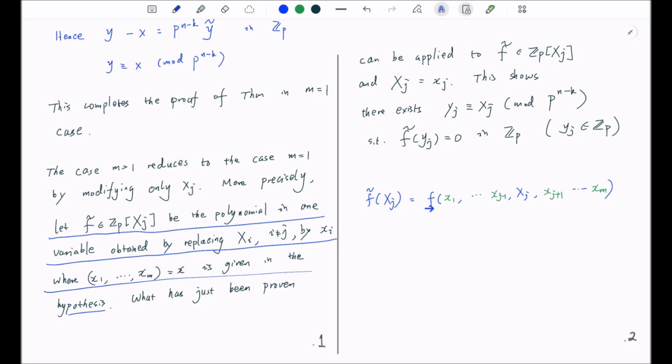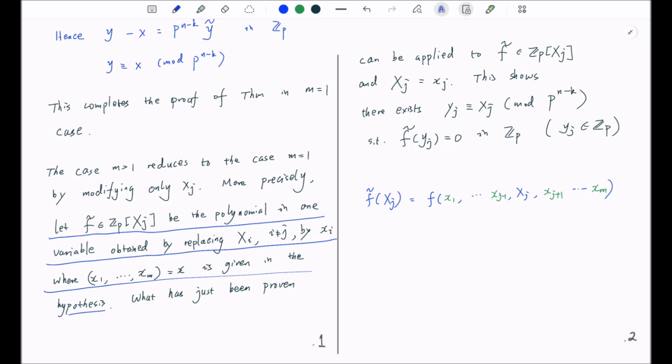It's constructed from f by fixing all the m variables of little f except for the jth variable by little x1 through little xm except for little xj. xj is still a variable. And then we apply what we have proved for the single variable case to this new polynomial.